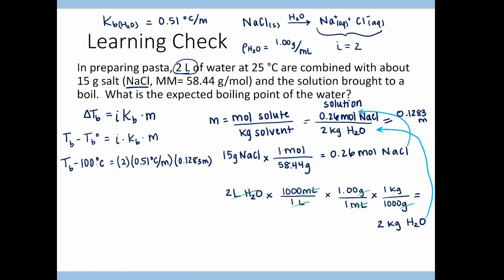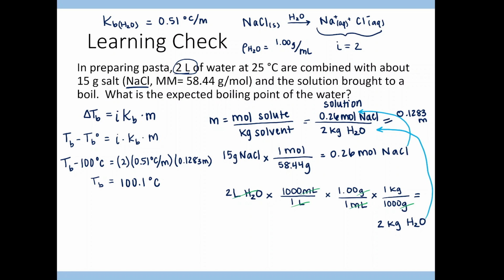Simplifying this, so multiplying everything on the right and then adding 100 degrees Celsius, we have that the boiling point of the solution is 100.1 degrees Celsius. So adding 15 grams of salt increases the temperature by 0.1 degrees Celsius.